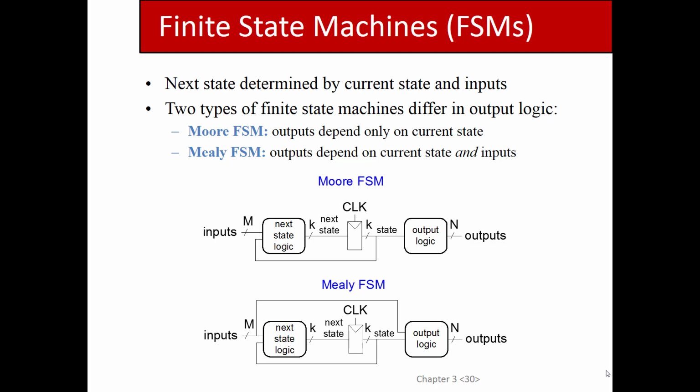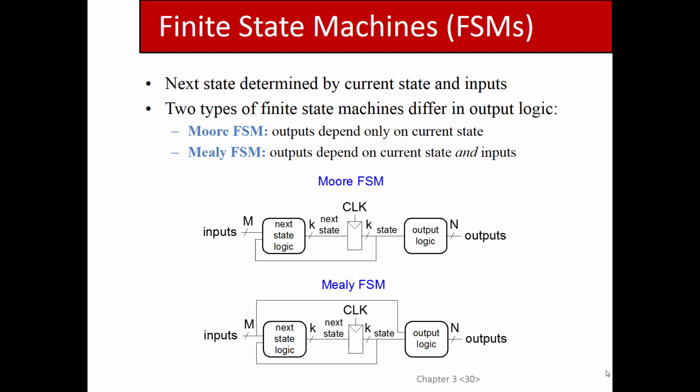But the way I always remember this is more is less. Because a Moore machine is simpler in the sense that the output logic is simpler. The output logic doesn't have to worry about the inputs. It only worries about the current state. So in that sense, Moore is less because Moore has less functionality than a Mealy machine.